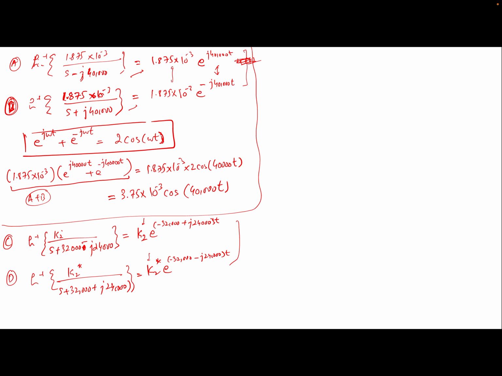If you have a e raised to power x plus j omega t plus a conjugate e raised to power x minus j omega t, this should equal 2 times modulus of a e raised to power x cos of omega t plus phi, where phi comes from a, which is modulus of a e raised to power j phi. You can easily prove it as well.